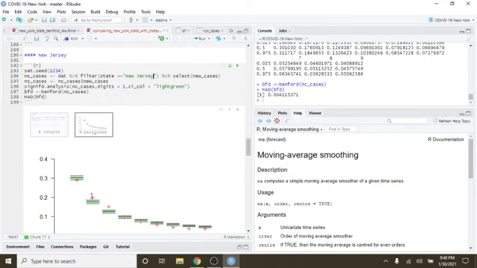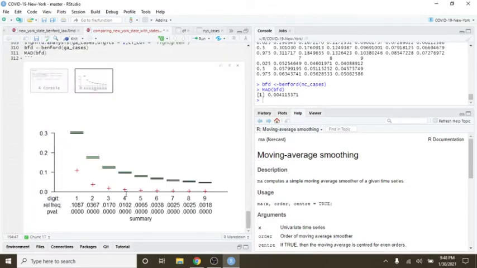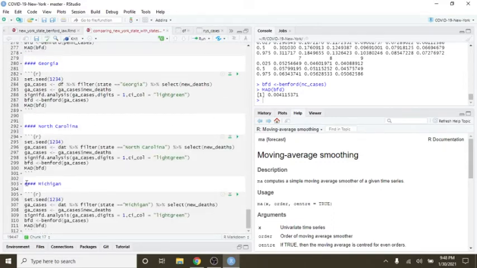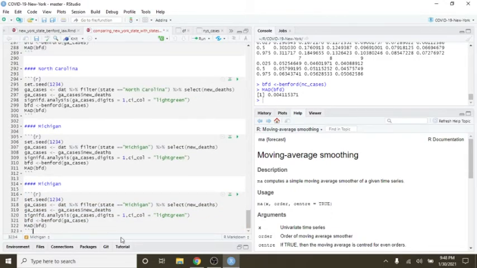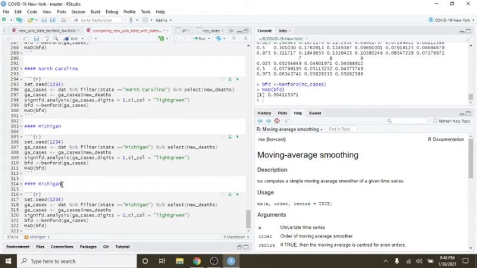Once again the cases look reasonable. So this is New Jersey.